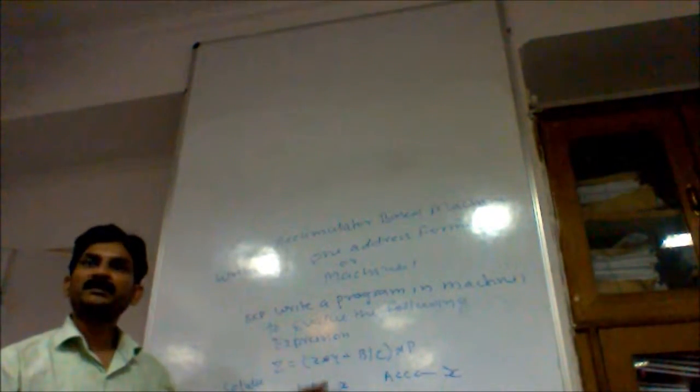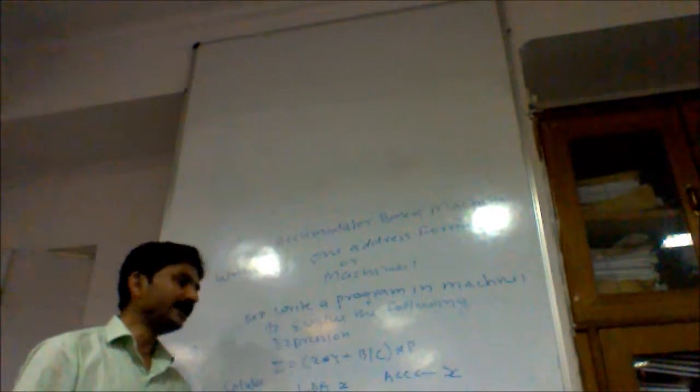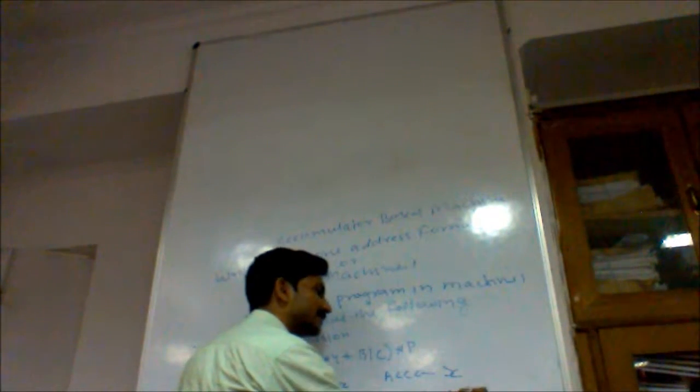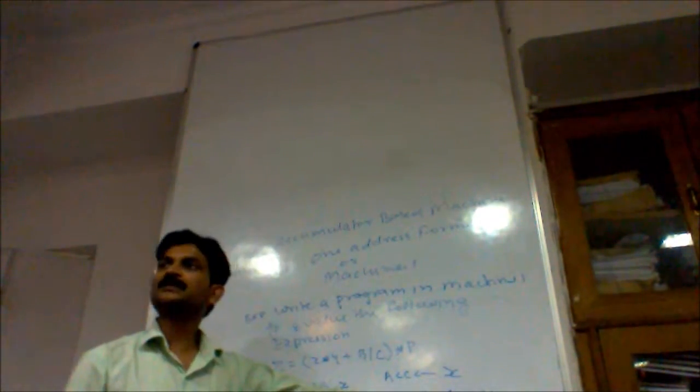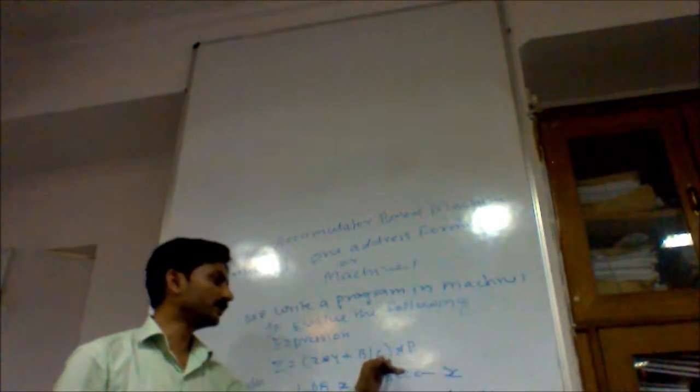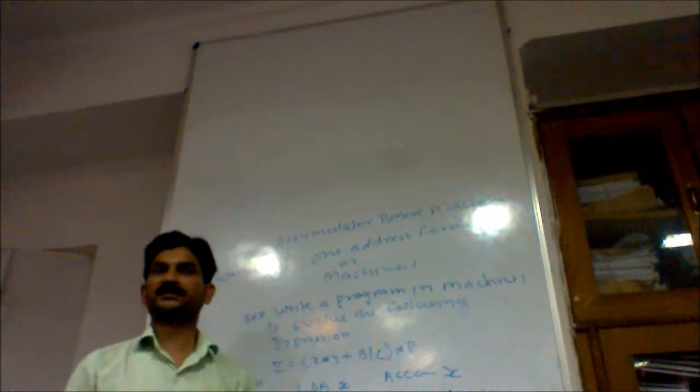Mul y means the value of x is in the accumulator. Then multiply y means AC into y. That means here AC means x; the x value is transferred to AC. So it is multiplied and the result is stored in AC.